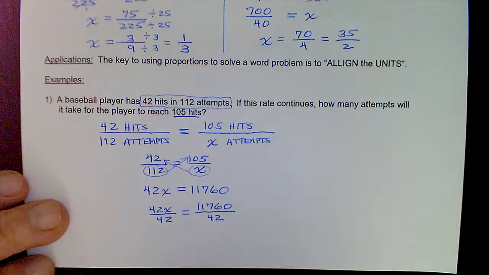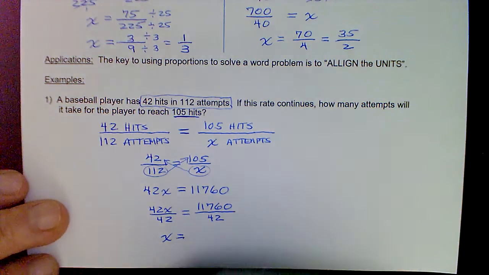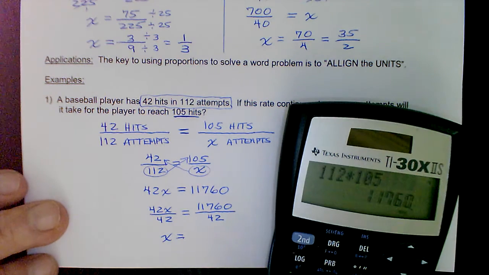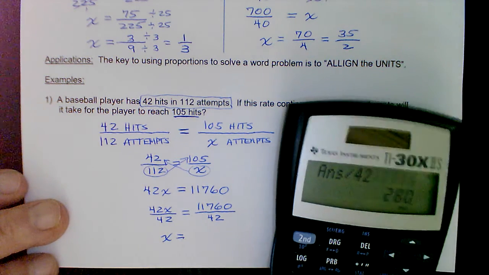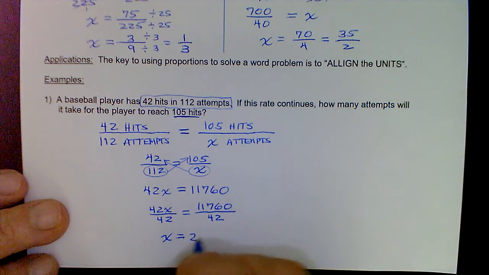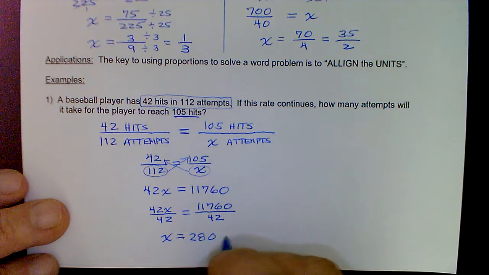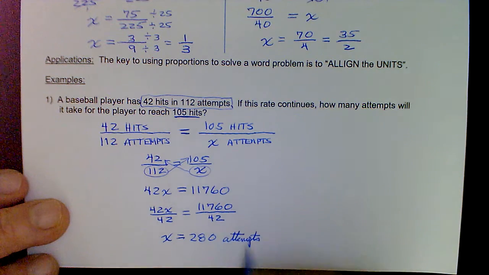But we're just dividing by 42, so X is equal to, alright, that 11,760 is already on my calculator, so I don't need to type it in again. I can just say divided by 42, and that gives 280. So X equals 280. And since it was a word problem, we should probably say what it represents, 280 attempts.